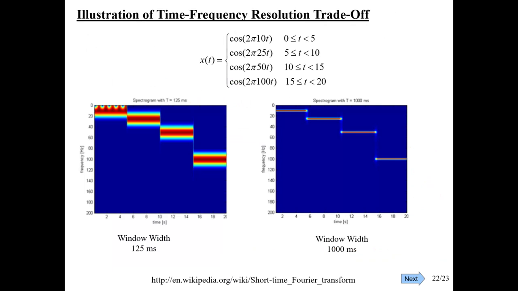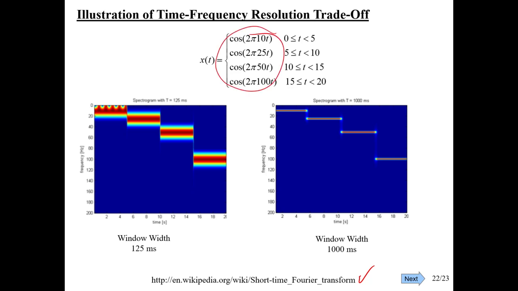Okay, let's take a look at this Heisenberg issue, the time frequency resolution trade-off. So you don't need to go to this Wikipedia entry. I'm not even sure these are still there. I grabbed these decades ago, but this is showing some computed examples for a signal.